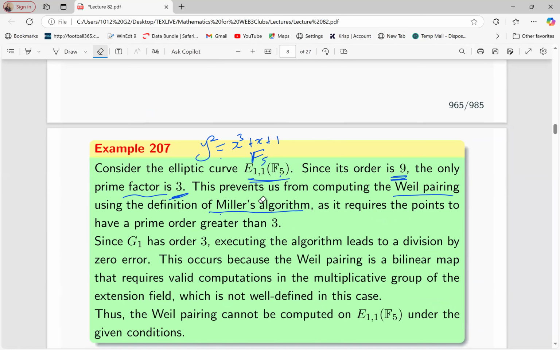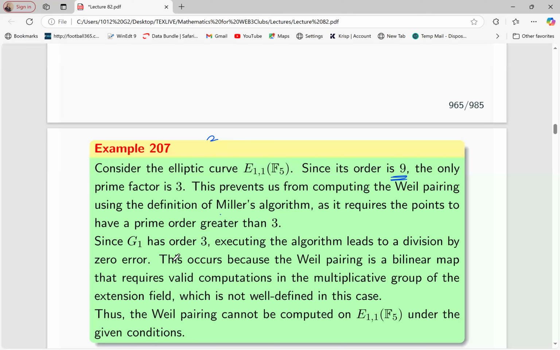So using that code, it will give us 0 in the denominator. And therefore, it means you cannot do the inverse. So we say that since group G1 has order 3, this algorithm would lead to division by 0.